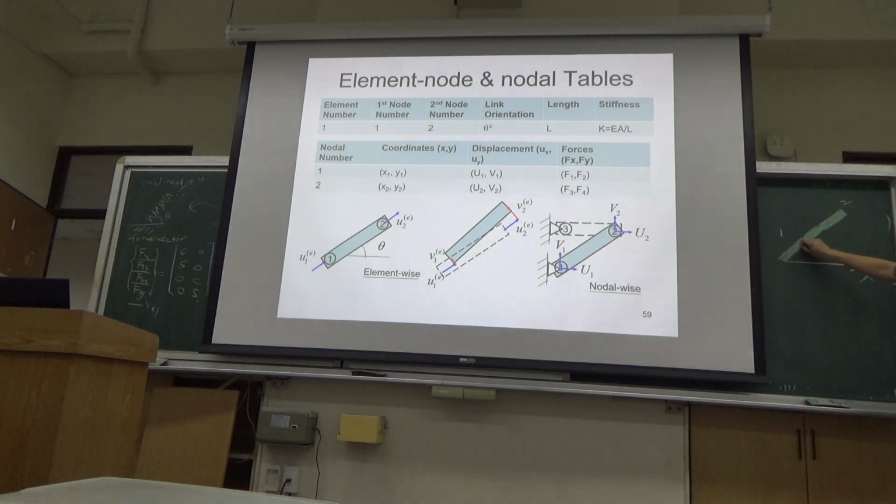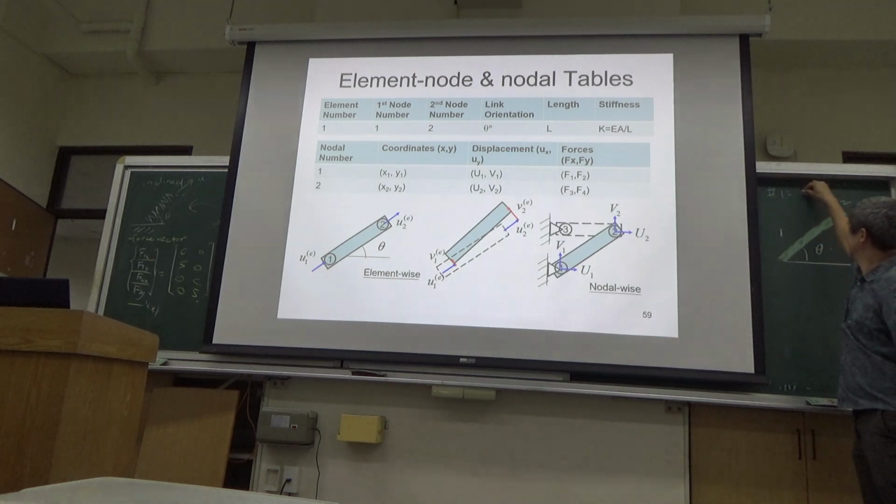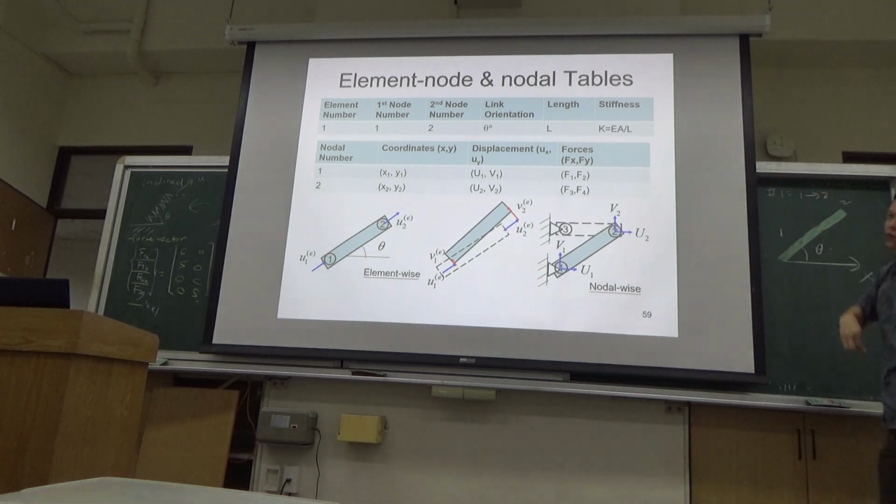1 to 2 has an inclination of theta. Okay, element 1, node 1 to node 2. But for the same element, node 2 to node 1, how should I write it?